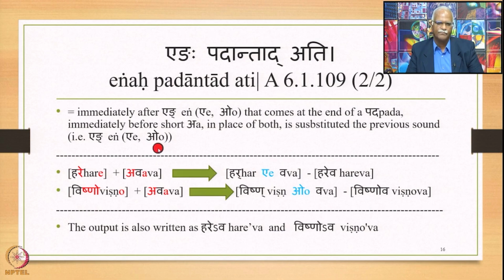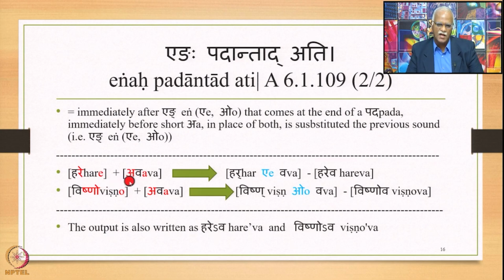So here is an example, hare plus ava. These two are separate padas, and so they are in close proximity because the speaker intends to utter them in close proximity. So we have hare having a at the end of the pada, and short a coming at the beginning of the second pada.